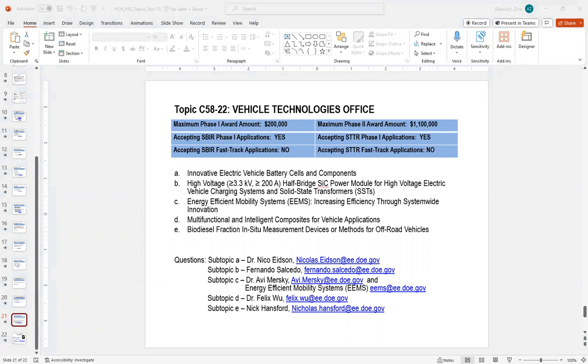As far as what systems we're looking at, we primarily look at cell level technology. We're not interested in the module or pack level technologies, so those would be out of scope. So please make sure that all proposed projects are within that cell level technology realm.